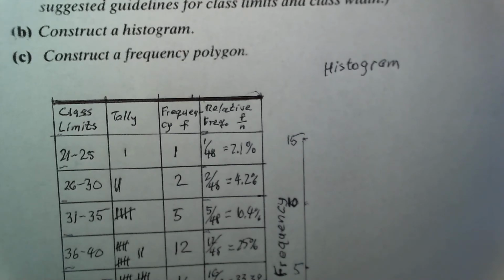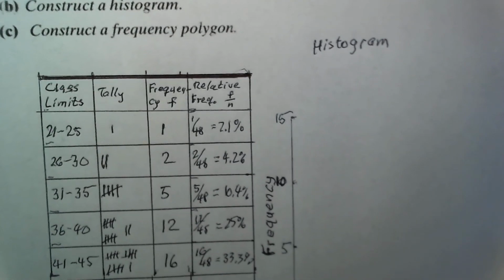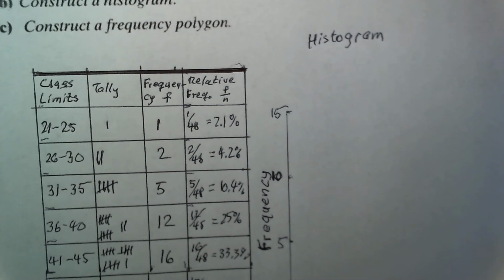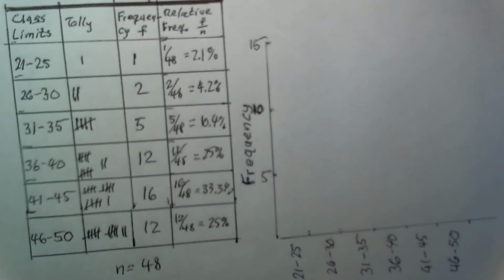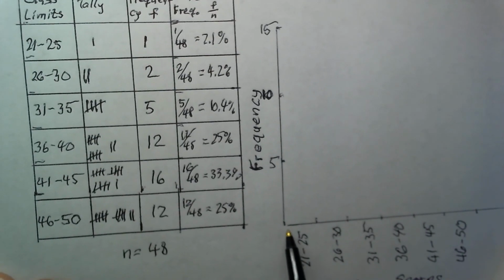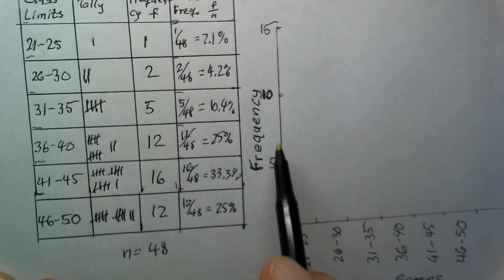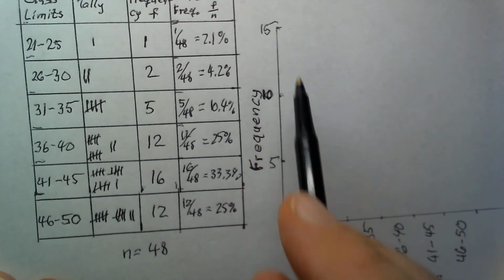We begin our histogram by patterning ourselves after the frequency distribution. So on the horizontal axis, we have the exam scores by class, like 21 to 25 and 26 to 30, etc., to the right. And then on the vertical axis, we have the frequency, 5, 10, 15, and so on.